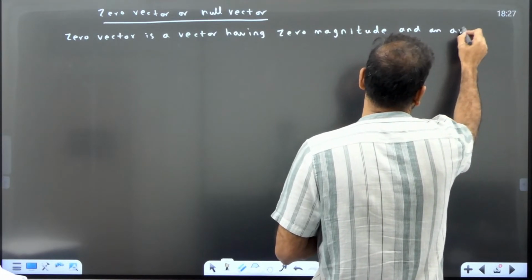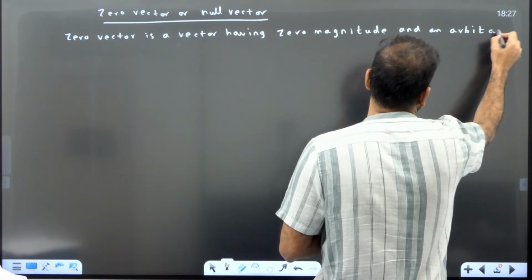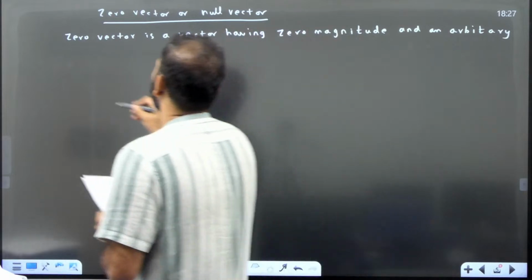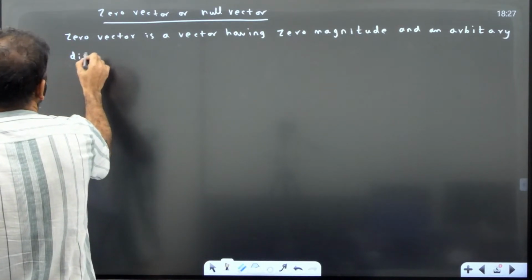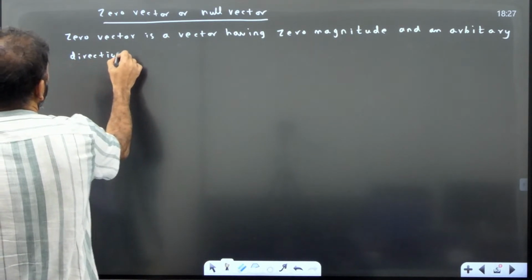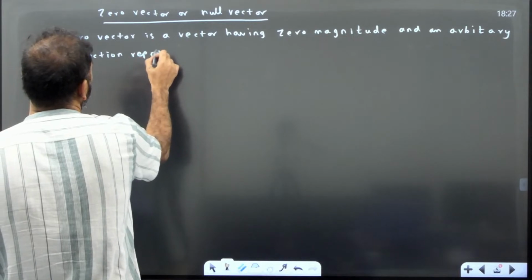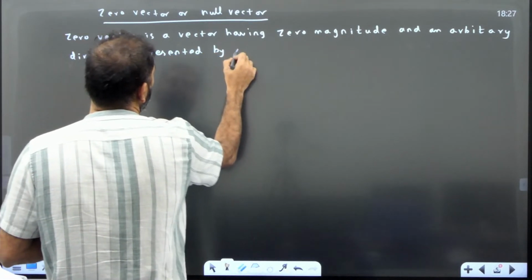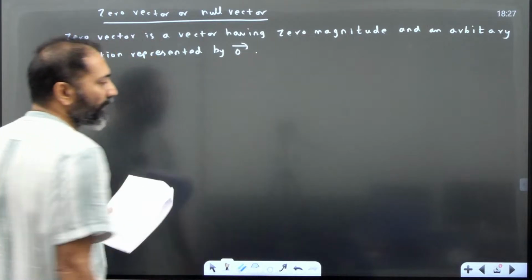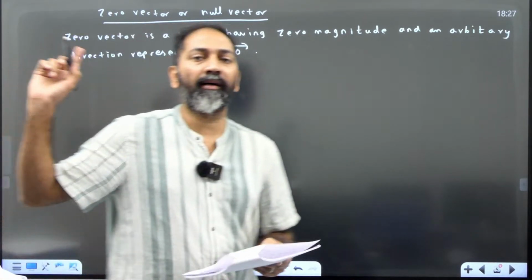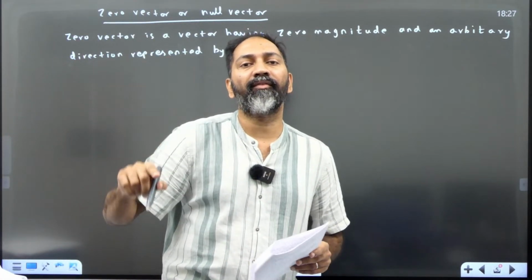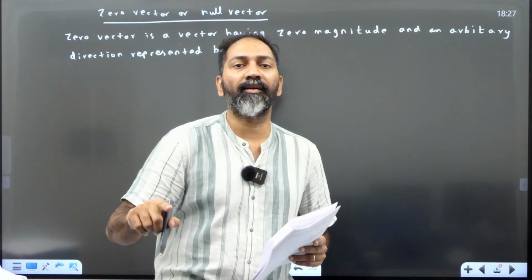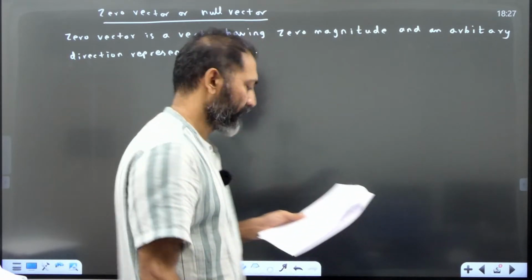Arbitrary എന്ന് പറഞ്ഞാൽ ഏതെങ്കിലും, any direction, arbitrary direction represented by zero vector. See, I came by car. My car is parked over there. So what is the velocity of my car? It is not zero, it is zero vector.